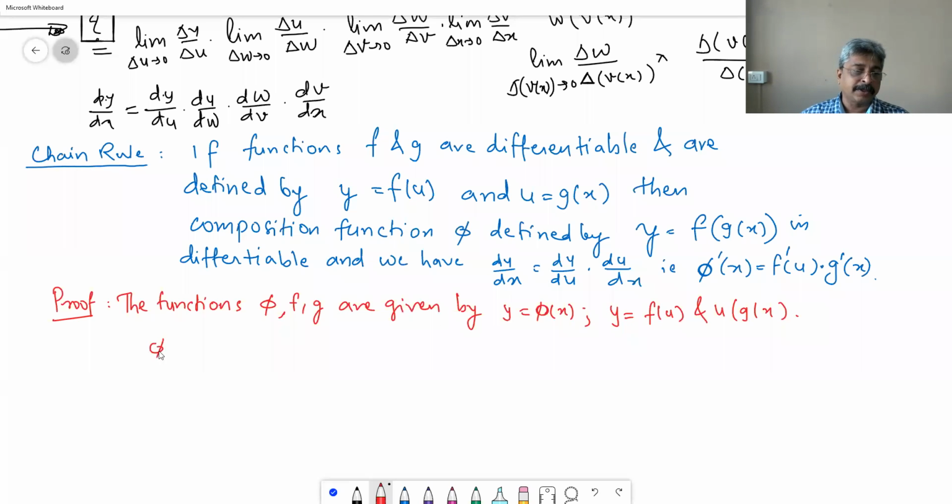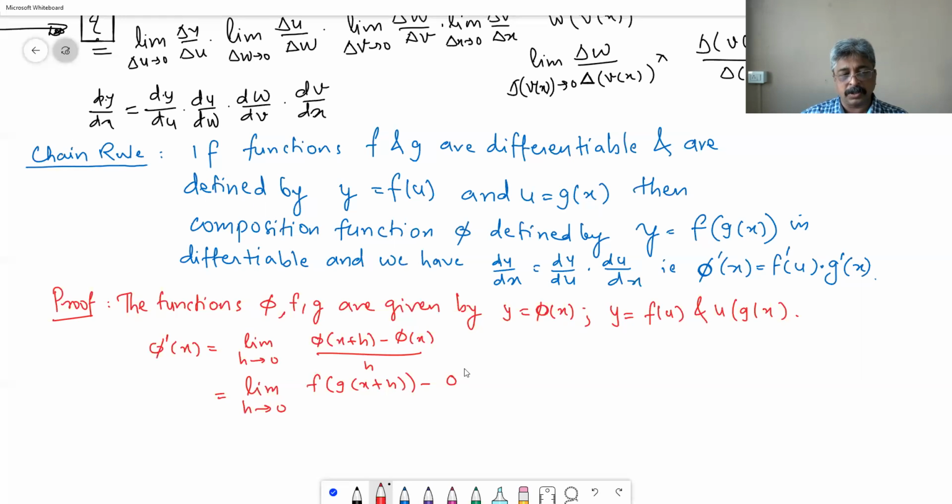So phi dash of x is equal to limit h tends to 0 phi of x plus h minus phi of x divided by h, which is equal to limit h tends to 0 f of g of x plus h minus f of g of x divided by h.